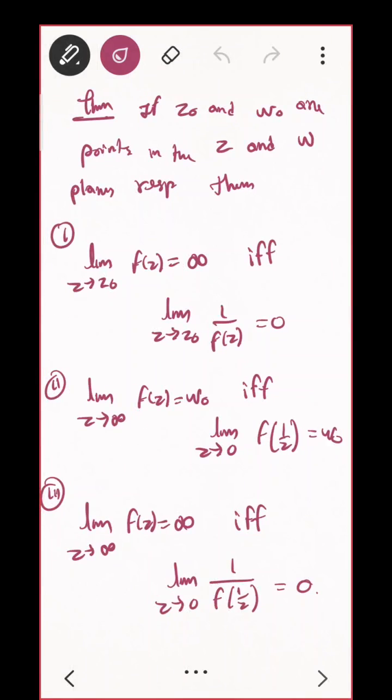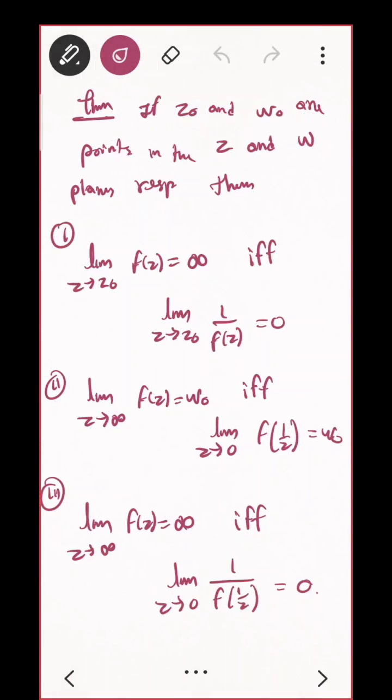So what we are given in the first one is limit z tending to z naught f of z equal to infinity. So how did we define that? For all epsilon positive, there exists delta positive such that mod of z minus z naught less than delta, and what is the condition?